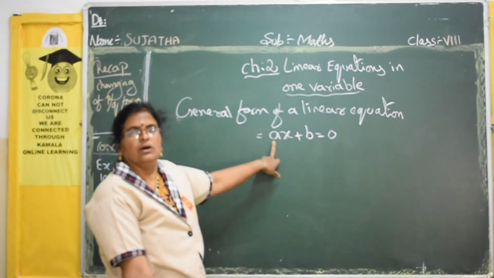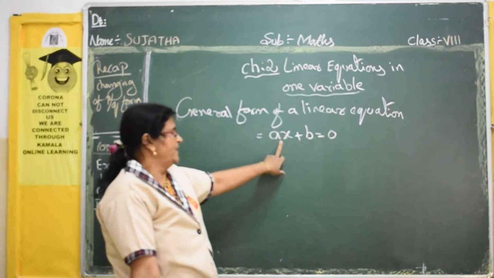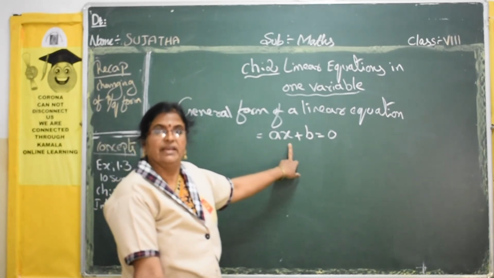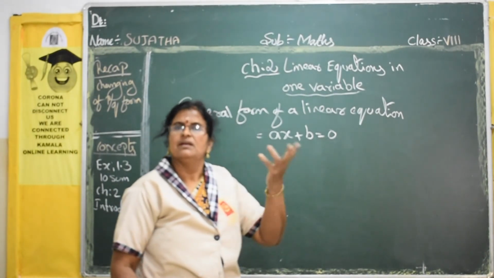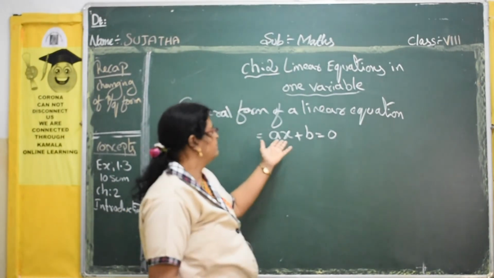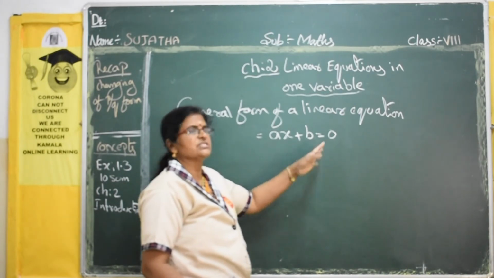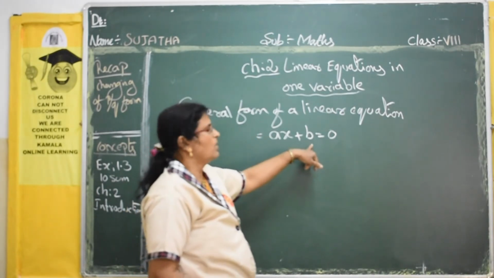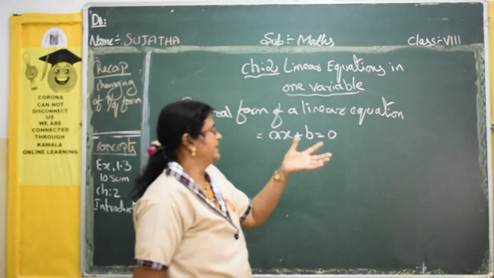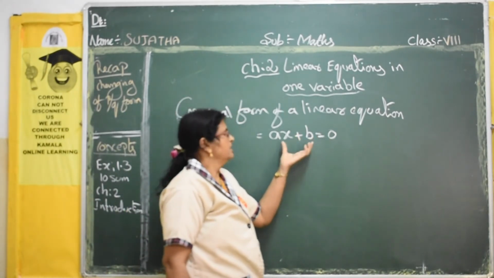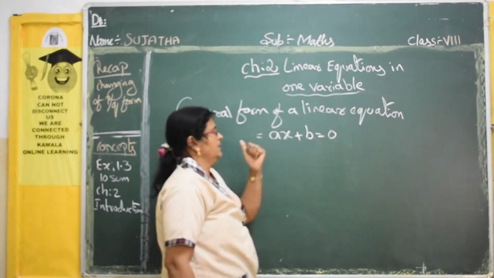Okay, here what is a, what is x and what is b? a is called the coefficient of x. Then what is x? x is a variable. Variable means it varies, it changes the value. Whatever value you give for x, the equation will change. Now what is b? Without any variable, if any number is there, that is called a constant. So this is the general form of an equation.